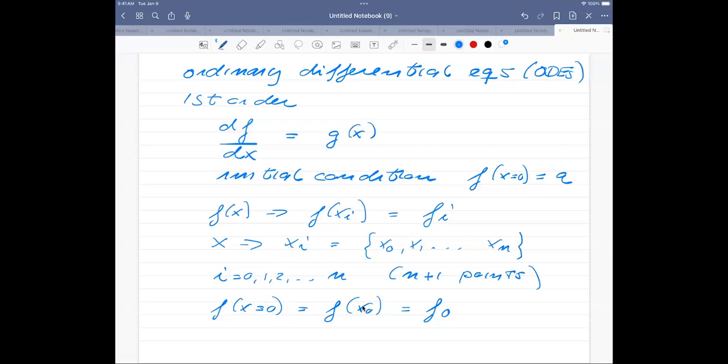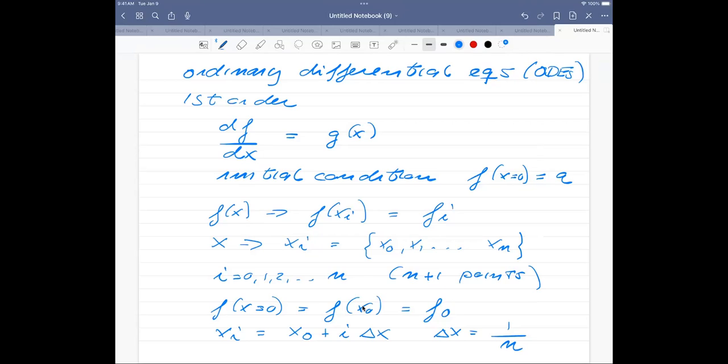If we have equally distant points, then this x of i could be given by some x0 plus i times a delta x, which is a step size. Normally this delta x, if we have it fixed, is given by 1 divided by the number of points which you have. That's a pretty common choice.